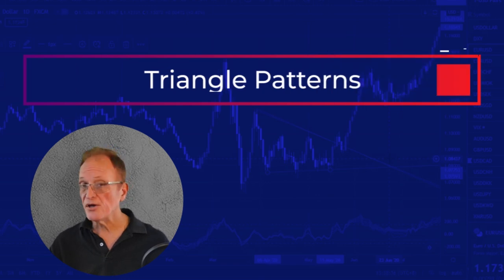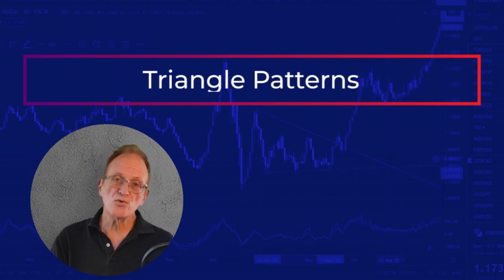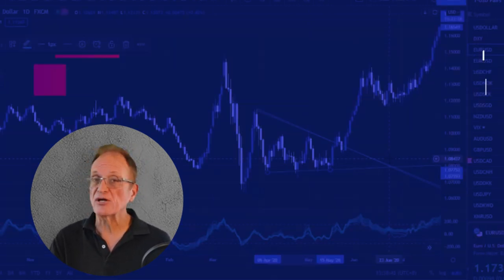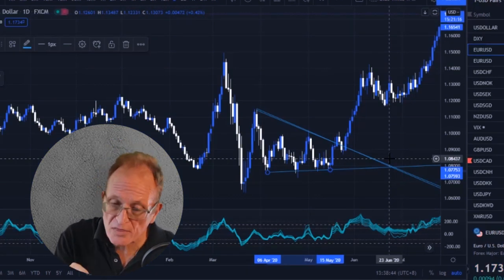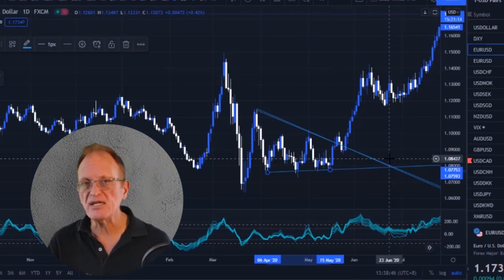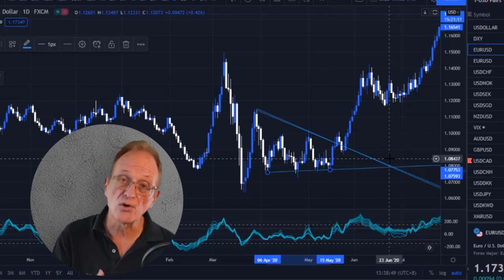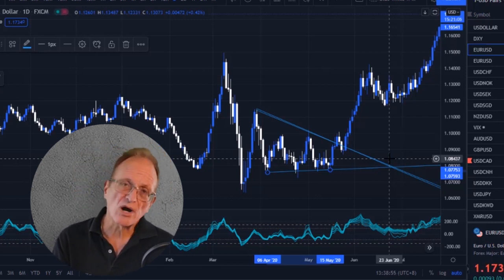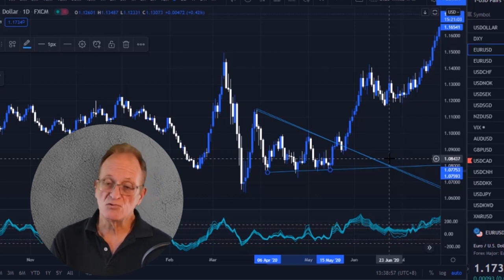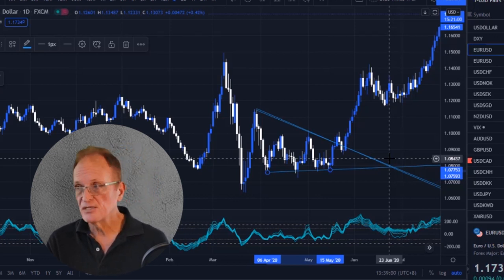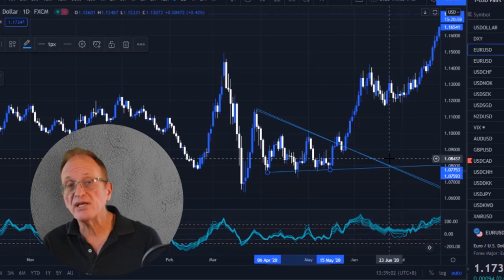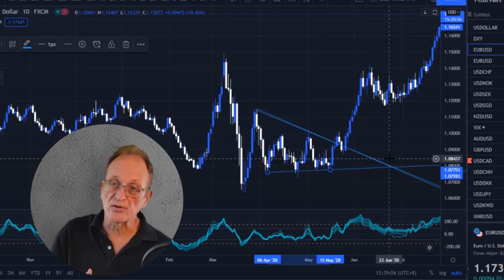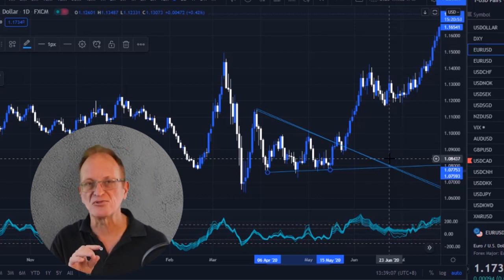Triangles are another thing, a known natural phenomenon that occurs in financial markets. And when they happen, it has a meaning that can be read by someone who knows how to read charts of financial markets. There are different types of triangles, and they usually represent a simple correction in a trend. It's normal for there to be trends and corrections.